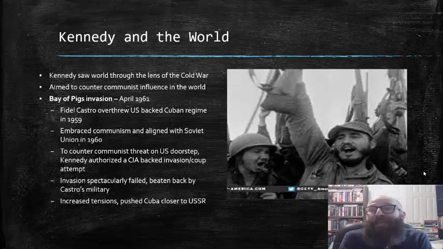One of the first efforts of Kennedy to do so was the notorious and infamous Bay of Pigs invasion in April of 1961. To preface this, Fidel Castro, this gentleman you see right here in this photograph, overthrew a U.S.-backed Cuban regime in 1959. In 1960, the Castro regime embraced communism and aligned itself with the Soviet Union.